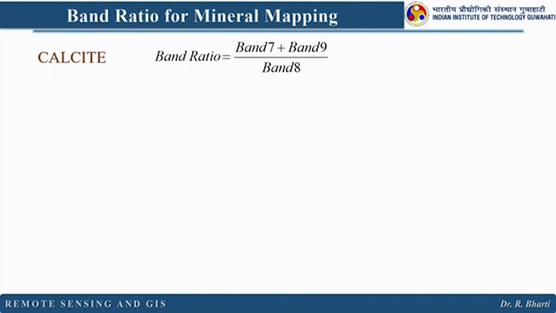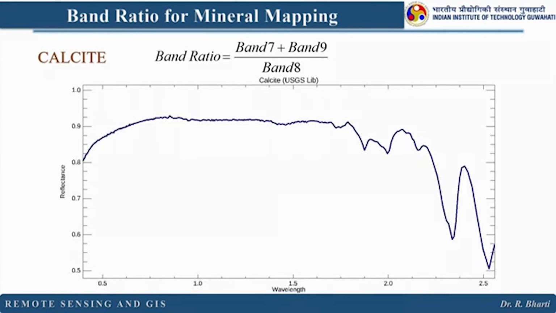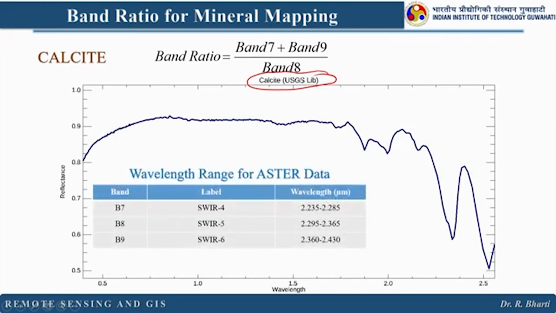In the case of calcite, you can see this is the spectral response of calcite, again from the USGS library, and the band ratio is band 7 plus band 9 divided by band 8. What are these bands? You can get this from their website, right.